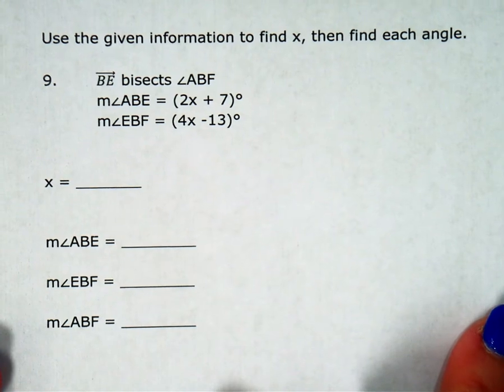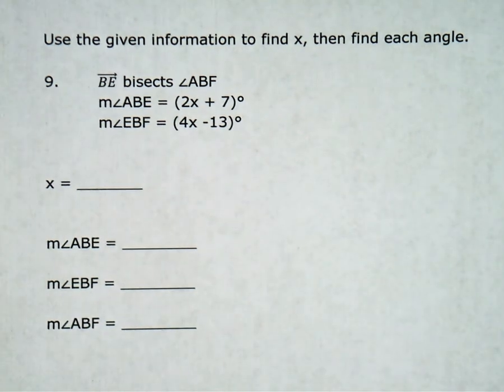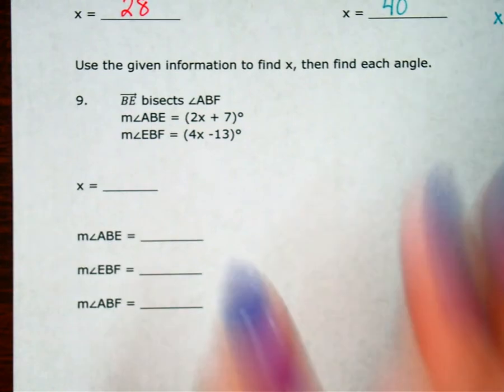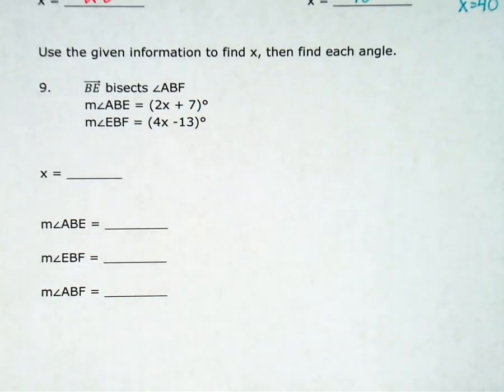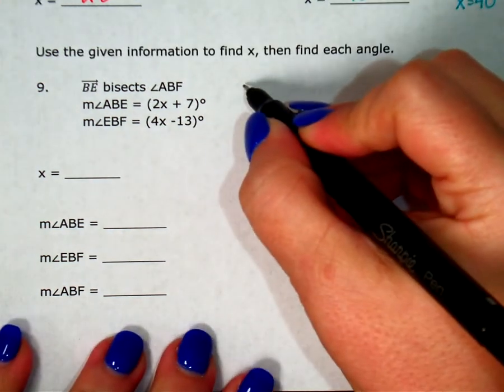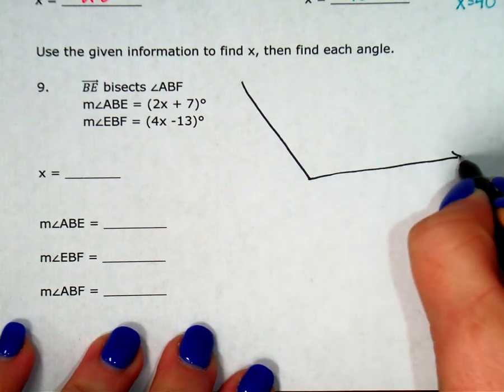Use the given information to find x, then find each angle. Notice they didn't give me a picture. So the first thing I want to do on this problem is draw myself a picture. Okay? I have ray BE bisects angle ABF, and I don't know how big angle ABF is, but because sometimes I write kind of big, I'm going to make it a nice obtuse angle to give myself plenty of room to work with.